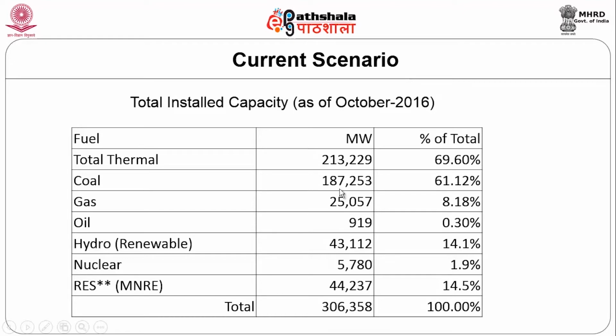Coal is 1,87,253 megawatt, about 61.12 percent; gas based power plants are about 25,057 megawatt, about 8.18 percent; and oil based power plants are 919 megawatt, about 0.3 percent. Coal, gas and oil come under total thermal, contributing 69.6 percent.